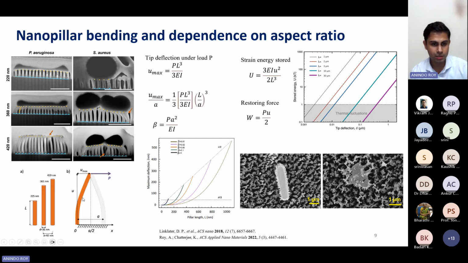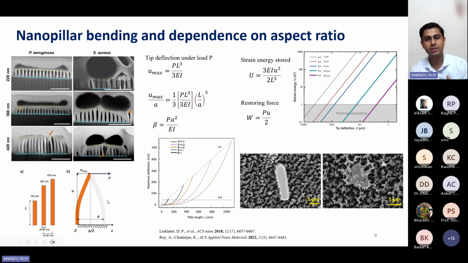Now, when this happens, using Euler's theory of buckling, we can calculate the maximum deflection that it will experience based on the force that is exerted by the bacteria. And then what this process does is it will store strain energy when the pillar is being bent.